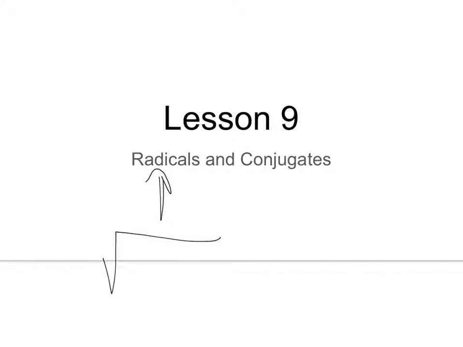I also want to point out some of the vocabulary. What's underneath this radical sign is called the radicand. And then the number that is here, let's just say it's a 3 for now. This is called the index. That would be an x.